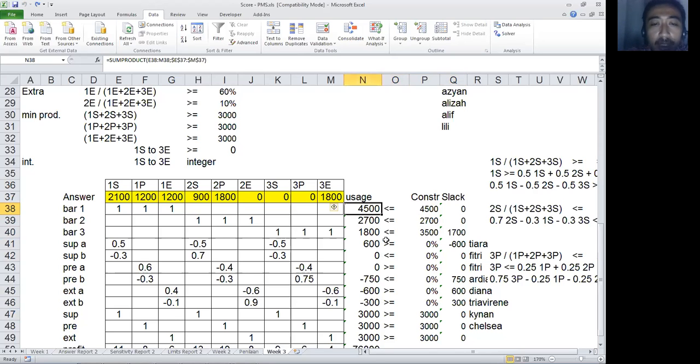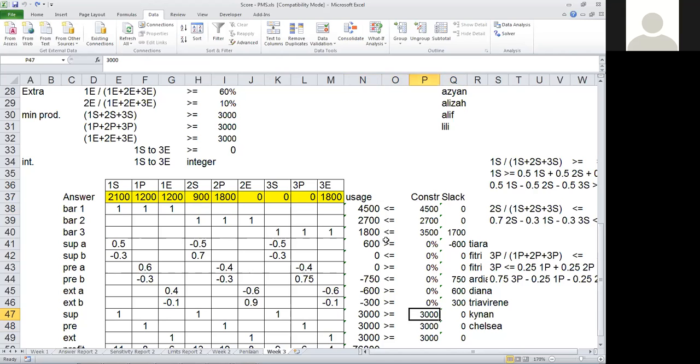But in another case, like this one, we produce more than 3,000. Let's say we produce 3,500. This is negative, which means that we produce more than required. So the meaning of positive and negative depends on the context of the constraint. Okay, good question. Thank you, sir.